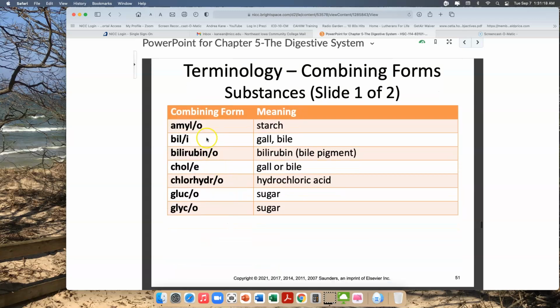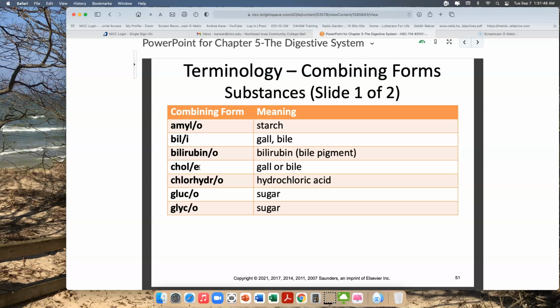Amylo, bili. Oh, see, we got another I there for bili. Bilirubino, chole, chlorohydro, and look, with chole, you have an E as a combining form, which is very, very rare. And it means the same as bili. So watch out for bili and chole, those both mean gall or bile.